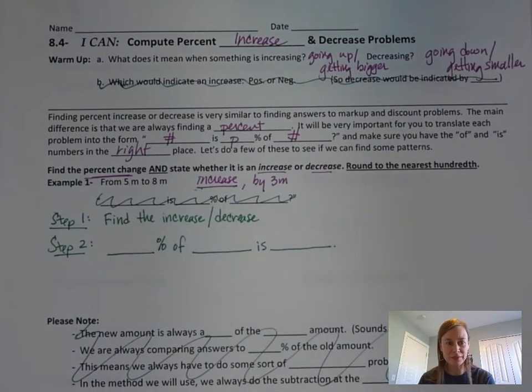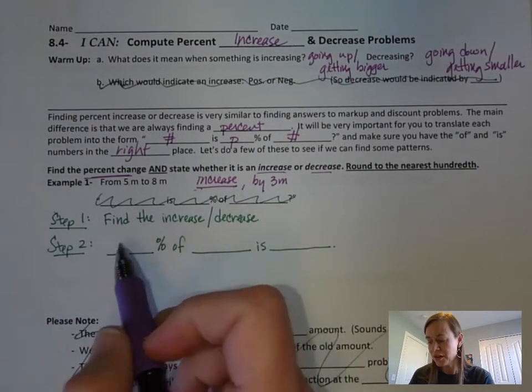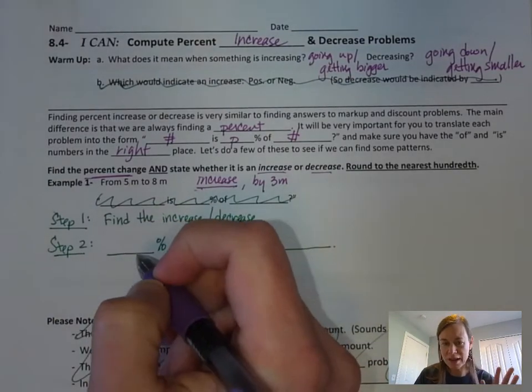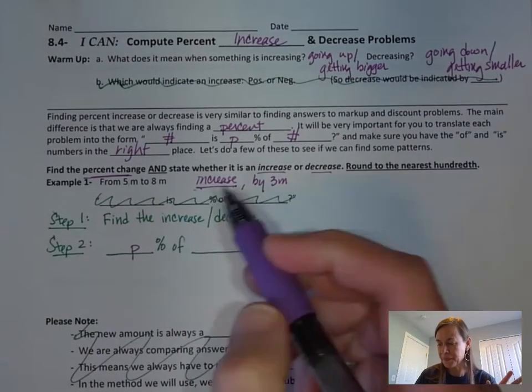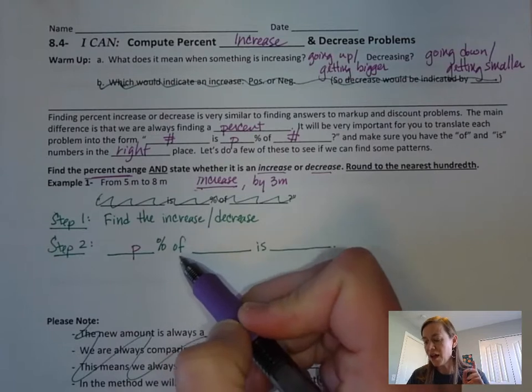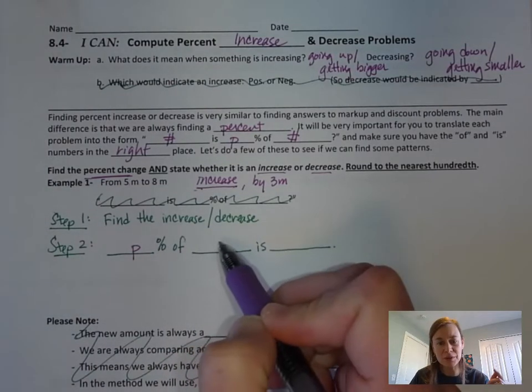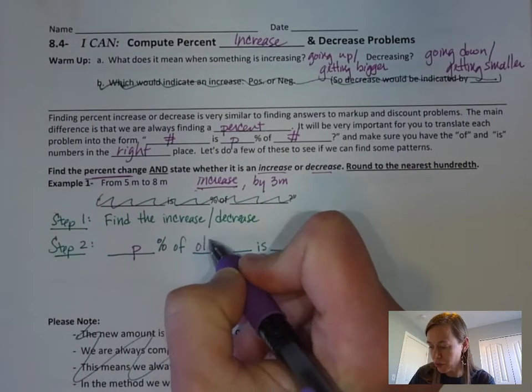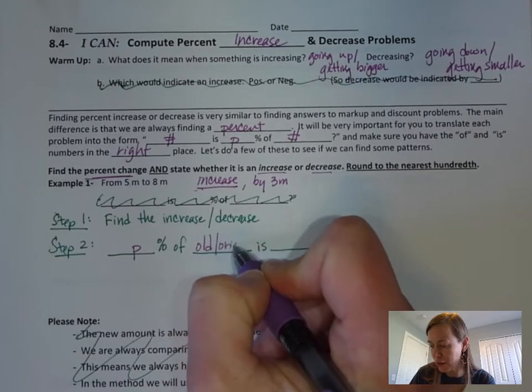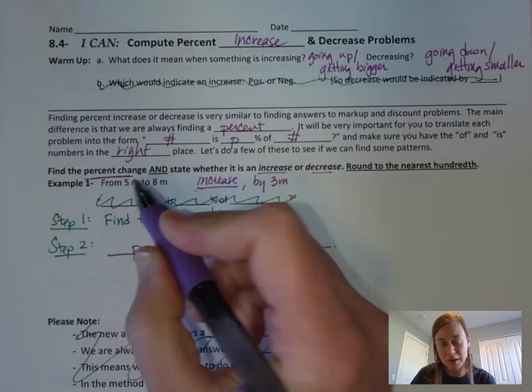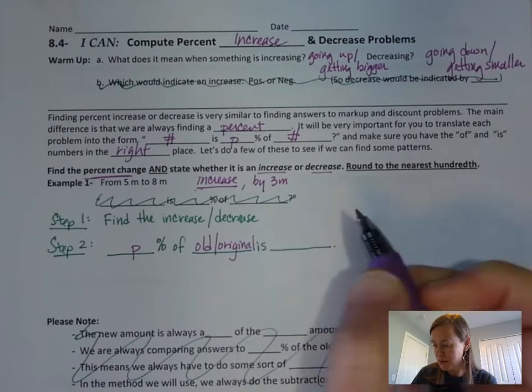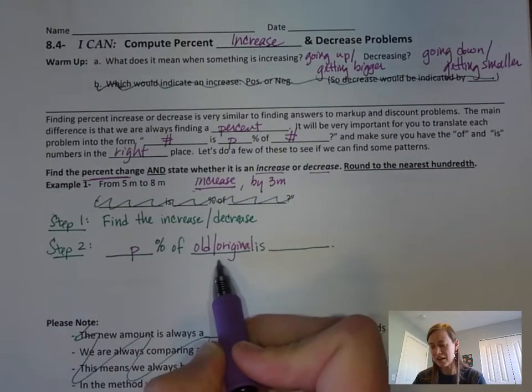That was step one. So for step two, you're going to say whatever percent. I'm just going to write P here for now. So you're going to do P percent of, and then here you're going to put the original number, the old price or the original figure or whatever you're dealing with. In this case, the old measurement. So you're going to put that original measurement there.